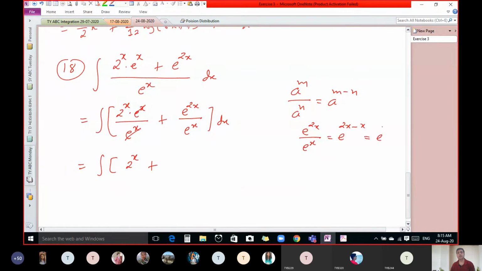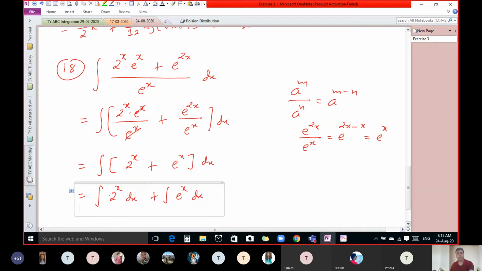And we know that 2x minus x is x. So we get here only e raised to x. And now take separate integration. Integration of 2 raised to x dx plus integration of e raised to x dx.